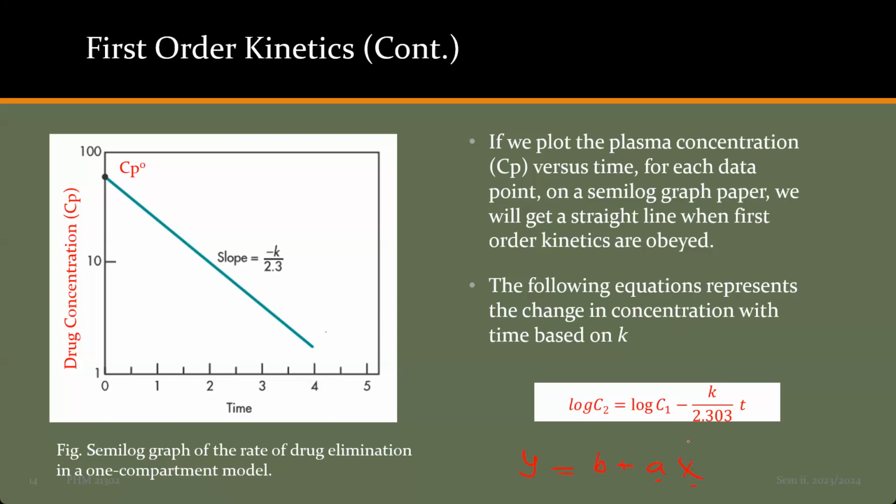So if x is time, the slope is negative k. b is the intercept, which is ln CP naught. If we write log, then we have to divide the k by 2.3. Y here is the log concentration in plasma at any time.